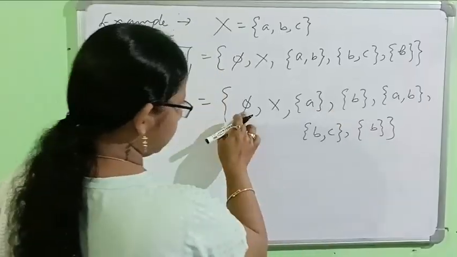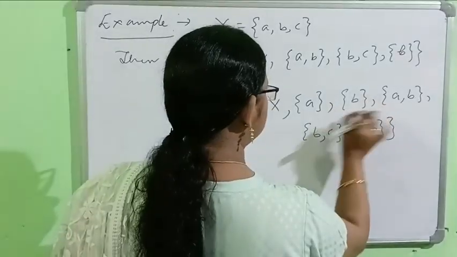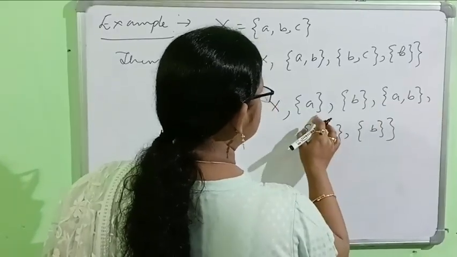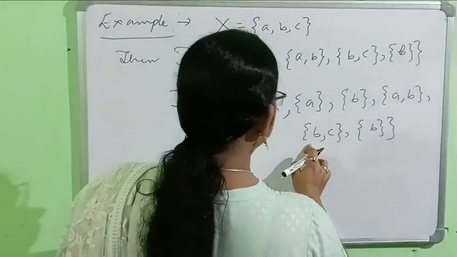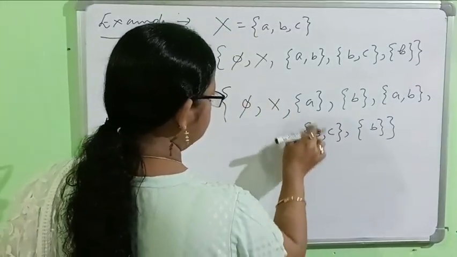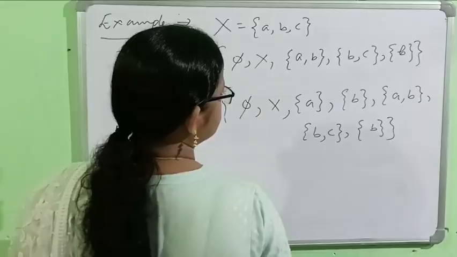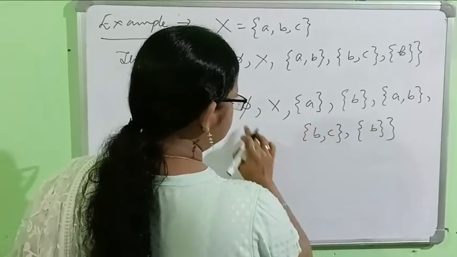Intersection is the empty set, and union of these two is {a, b}. Then intersection of this will be empty set. Again, union of this with this and this will be {a, b, c}. This is X, and intersection will be empty set.